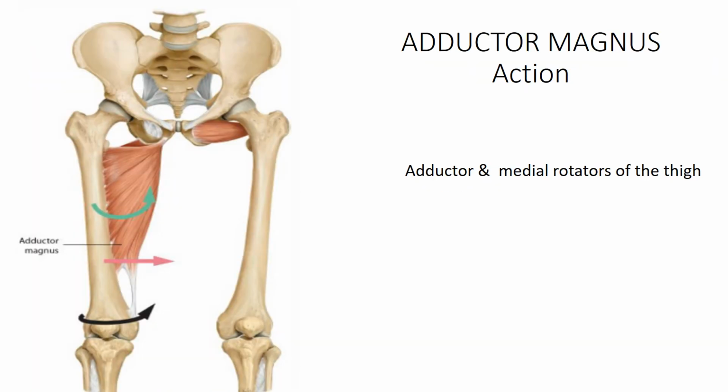And this is adductor magnus. Adductor magnus causes adduction as well as medial rotation of the thigh.